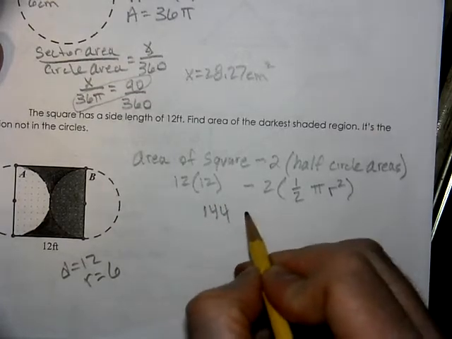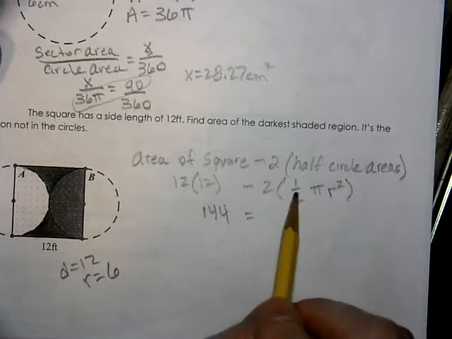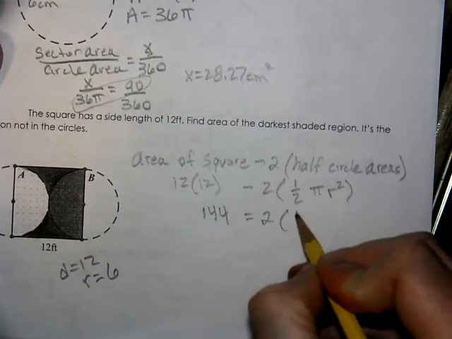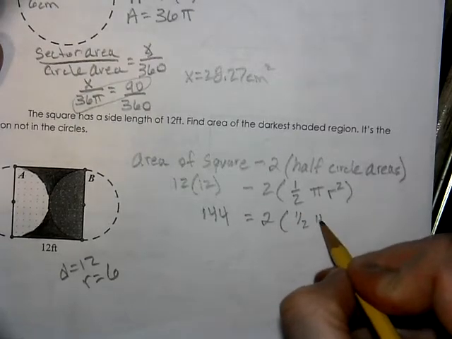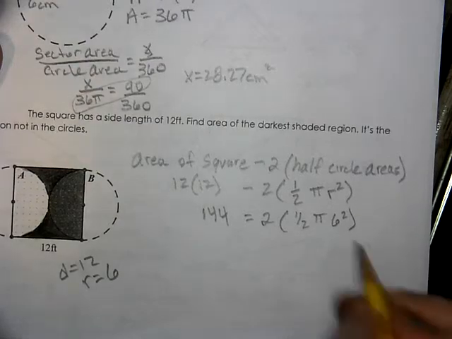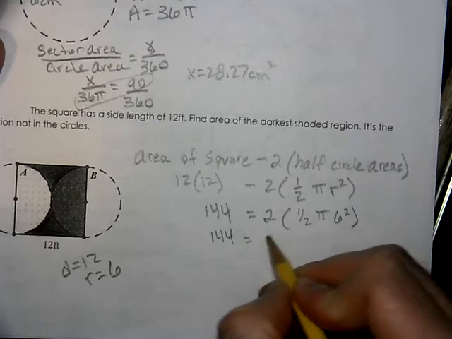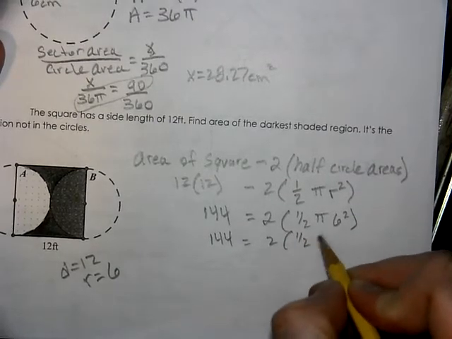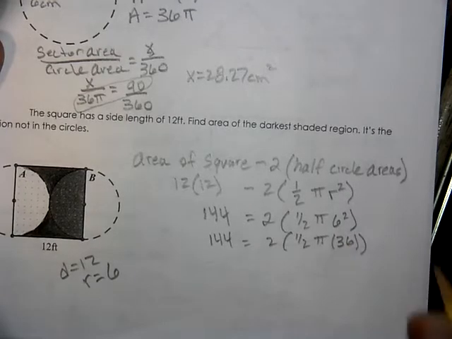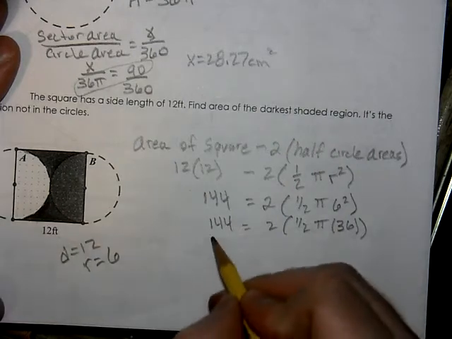So we get 144 here. You could say that half of 2 and cross those out completely, but we'll leave them there for a second. Our radius is 6. Square that. You can't take half the 6. Pi times 36. Now you could take half of the 36 if you wish.